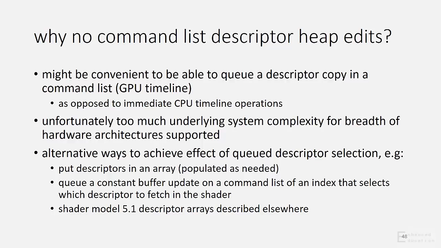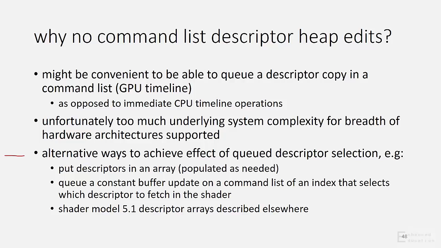I've covered some of this already, that DirectX doesn't support GPU timeline descriptor heap editing, simply due to the system complexity it would have added. Now, if what you're trying to achieve is the effect of queuing onto a command list a change in descriptor selection, there are ways you can achieve that with the API as it is.